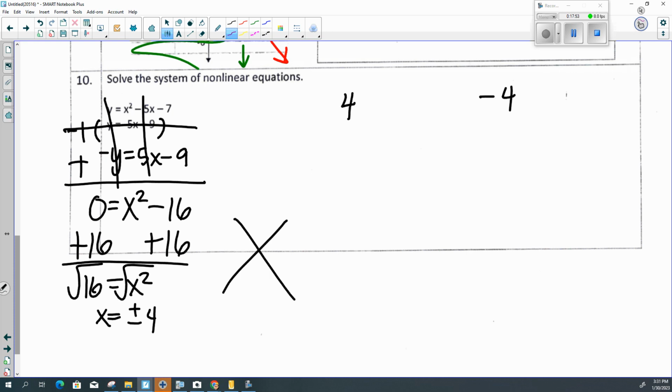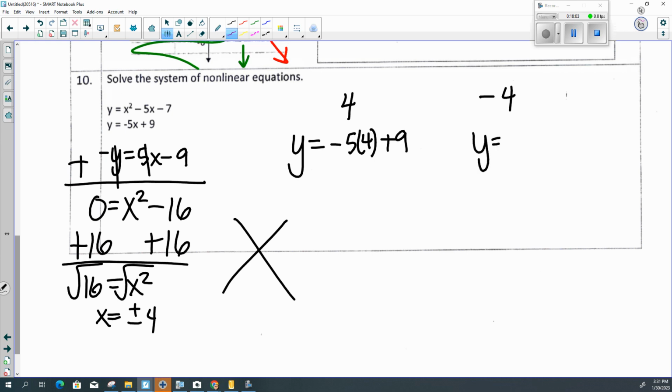These are supposed to be ordered pairs. So once I've got these x's, I need to plug it back in. I would suggest plugging it into the linear equation. Instead of the x, I'll put the -4 and the +4. Okay, -20 plus 9 is -11.